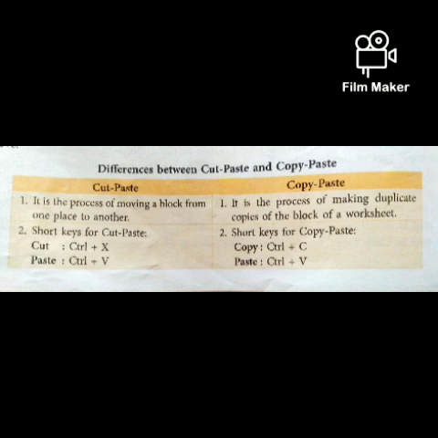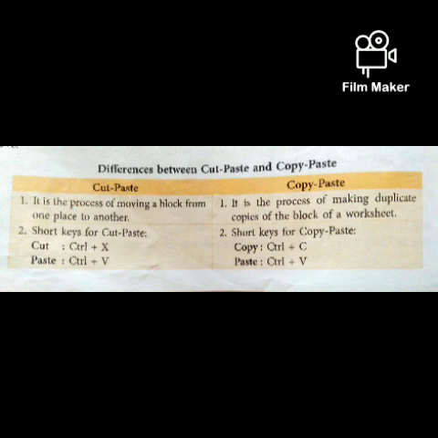So when we look at cut paste, what happens? It removes the data from the source location and creates the copy in the target location. Whereas copy and paste creates a duplicate copy of the same information from the source location to the target location, without removing the original data. This is the first difference.